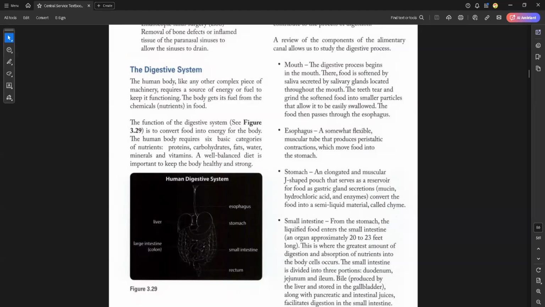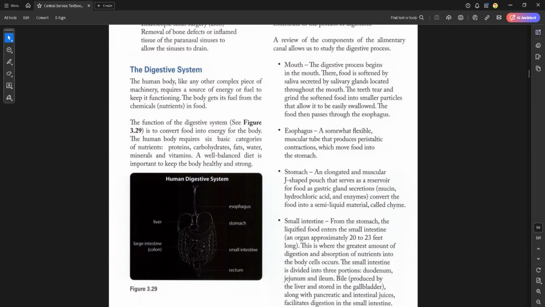The pathway that food takes from the mouth to the anus is called the alimentary canal. Very long, about 30 feet. Well, it varies. Someone asked me before whether the little people, those we call little people, have the same measure.